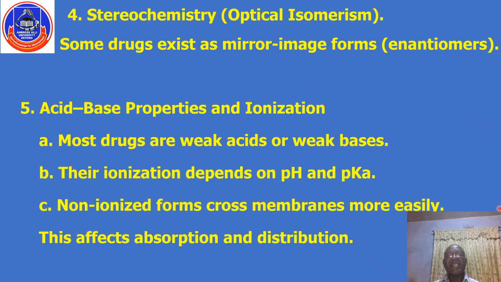Some drugs exist as mirror image of itself, which we refer to as enantiomers. In this case, we have the L and the D form. One form is more active than the other. The D forms are actually more active than the L forms.